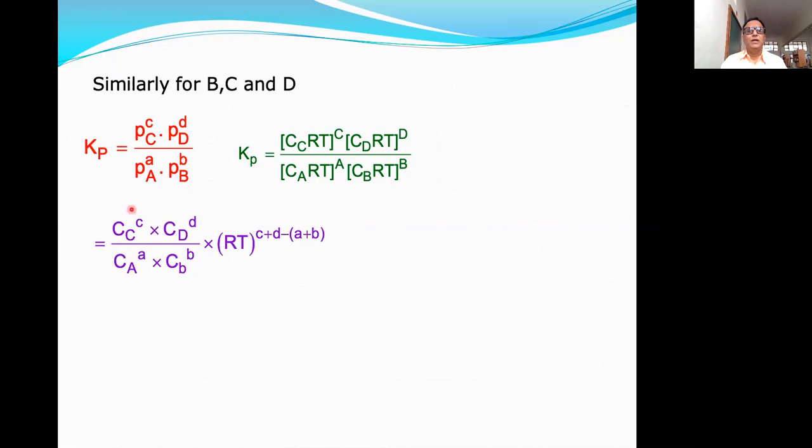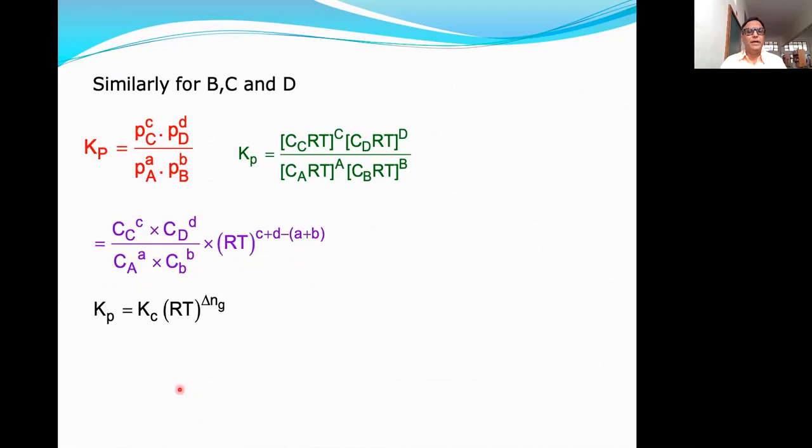By rearranging, you can write Kp is equal to Cc raised to c into Cd raised to d, divided by Ca raised to a into Cb raised to b, into (RT) raised to (c + d) minus (a + b).